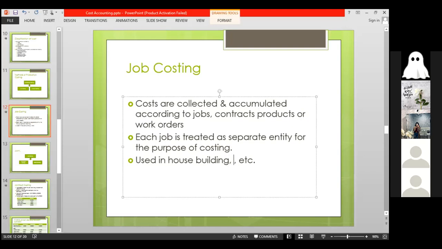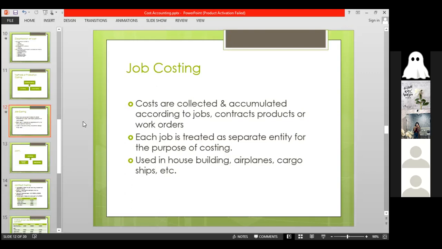So costing would be like house building, airplanes, cargo ships, etc. So these kind of costings are normally done on the job costing basis or through this method.